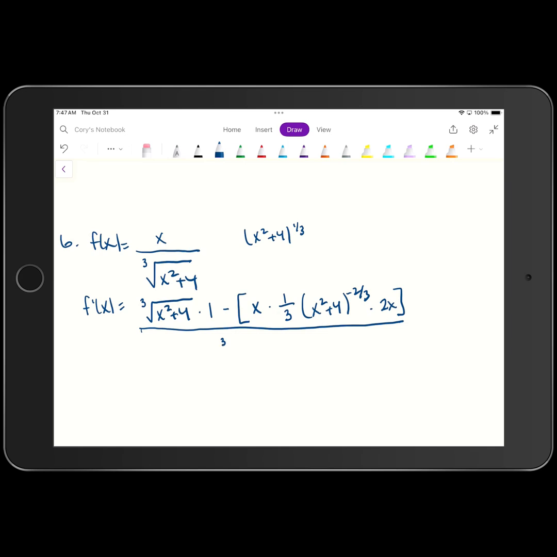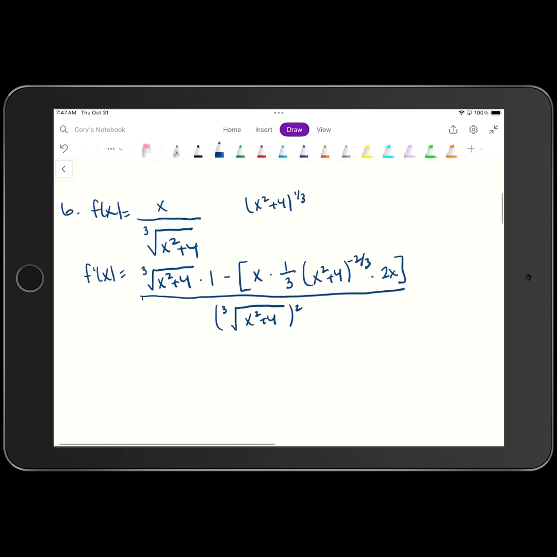Okay, so that's low d high minus high d low all over low low, which is going to become the cube root of x squared plus 4 quantity squared. I'm going to simplify this by rewriting my numerator back in the form of a radical, and that quantity in the brackets I want to write in fraction form.